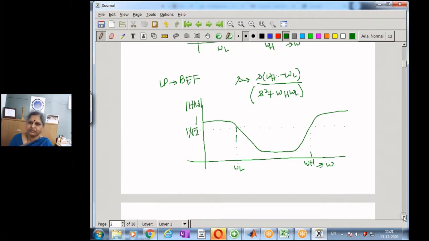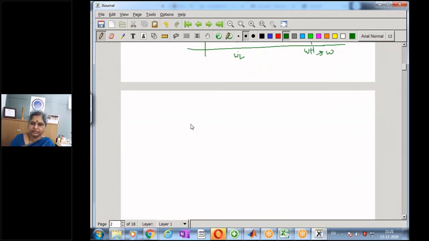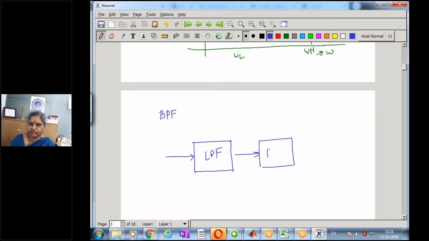And if we want to actually implement a band pass filter, we can have a cascade of a low pass filter followed by a high pass filter, or the other way.